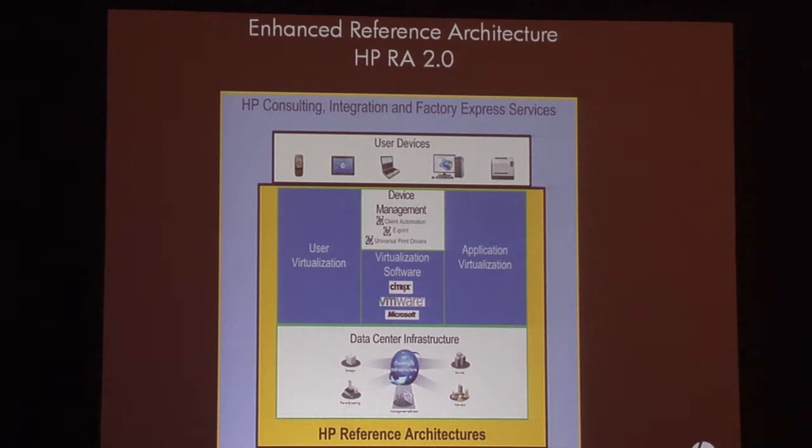And to be honest with you, yes, there's some complexity associated with all of these pieces. But again, that's where we sit: we've got the services folks who do it. We also have our reference architectures, which make it much easier to deliver because it's all defined. And we have a new product that we announced a couple months ago that molds all of that together, and I'll talk about that.